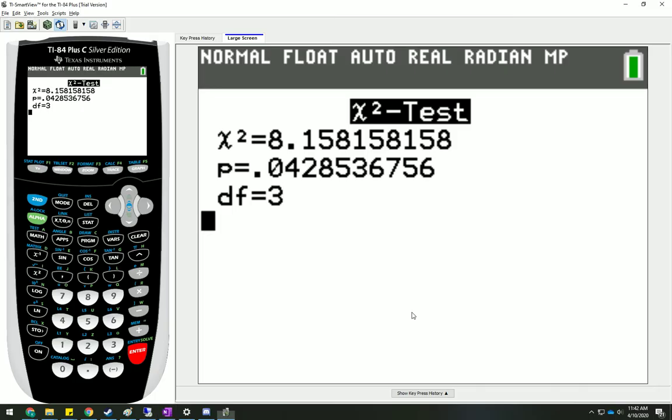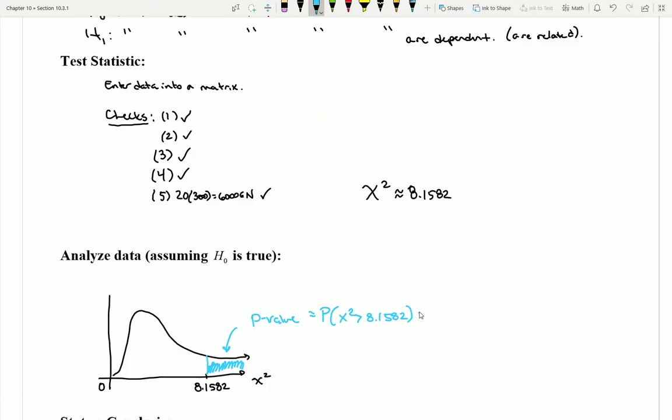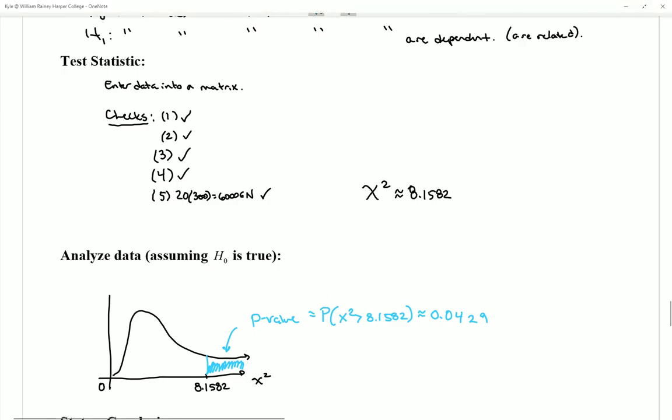Now let's see, the calculator tells me that that percentage is 0.0429. Okay, so this is roughly 0.0429.